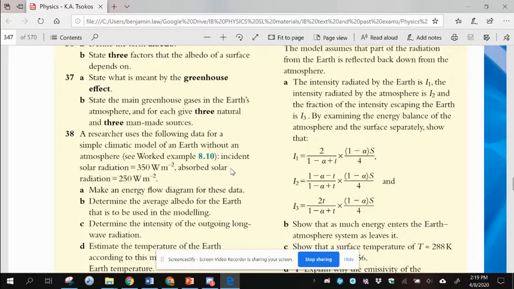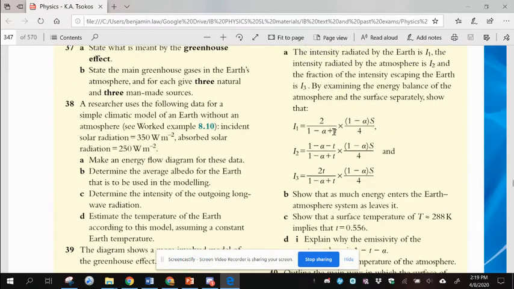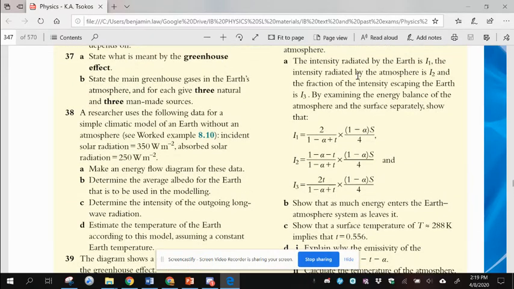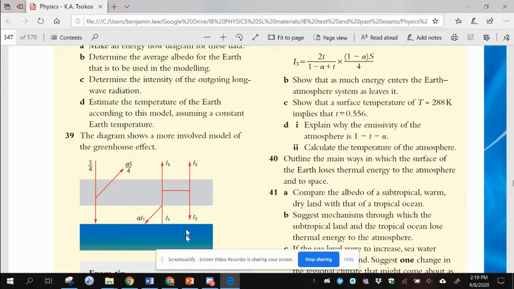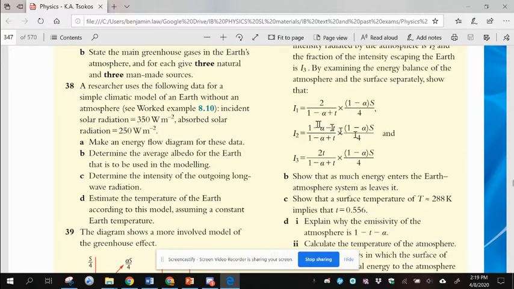So part A says the intensity radiated by the Earth is I1, which is this one. The intensity radiated by the atmosphere is I2, these two, and so forth. By examining the energy balance of the atmosphere, show that I1, I2, I3 are related just like that.